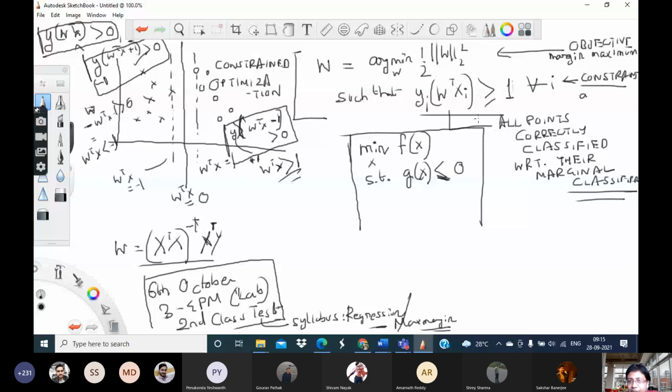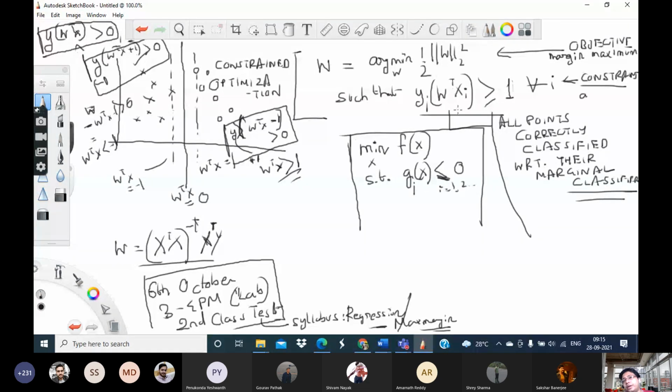As you can see, this is not in the standard form, but I can bring it to that, and there can be many such constraint functions, g_i, where i may be equal to 1, 2, and so on. For every single data point I have such a constraint, and there are n data points in the training set.